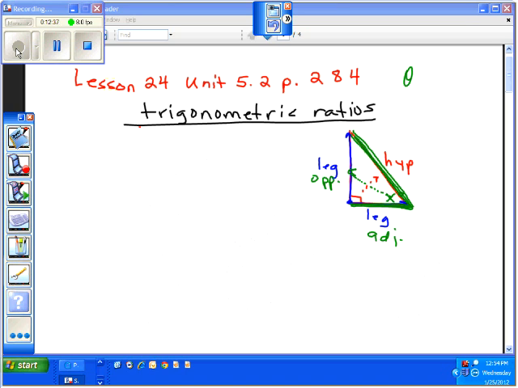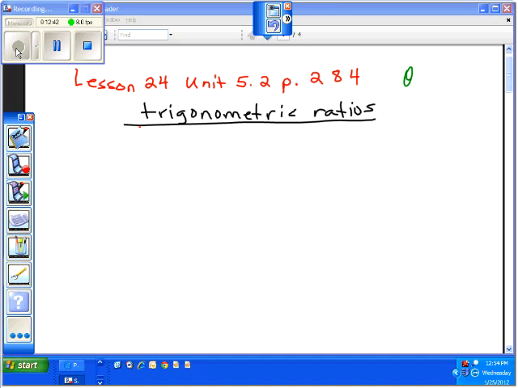Let me just redraw this really quickly. I'm going to call this angle X, and I'm going to call this angle Y. If I wanted the sine of angle X, let's just put some numbers in here.